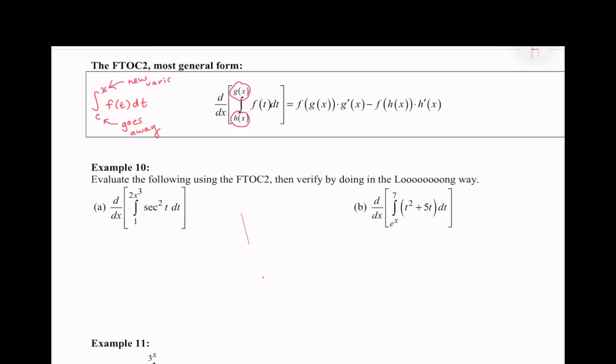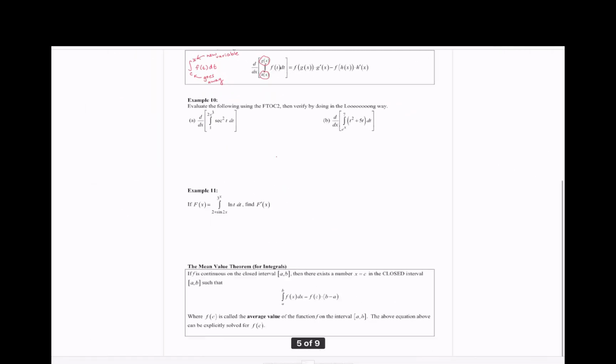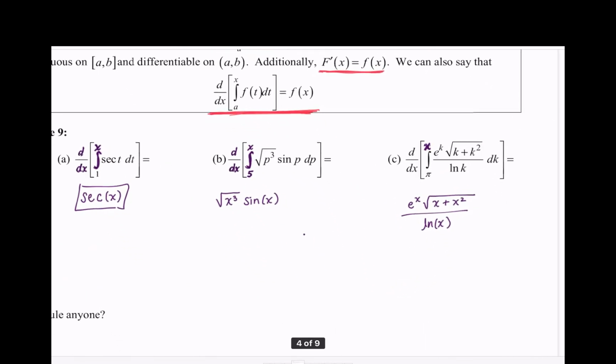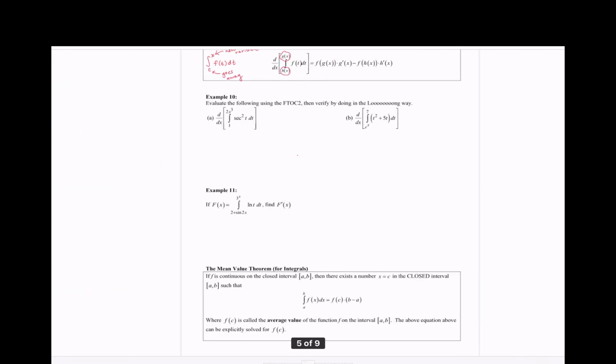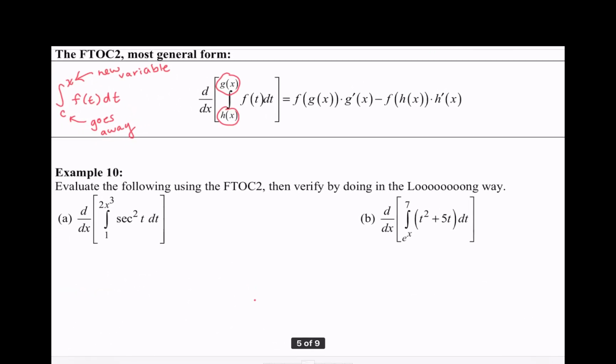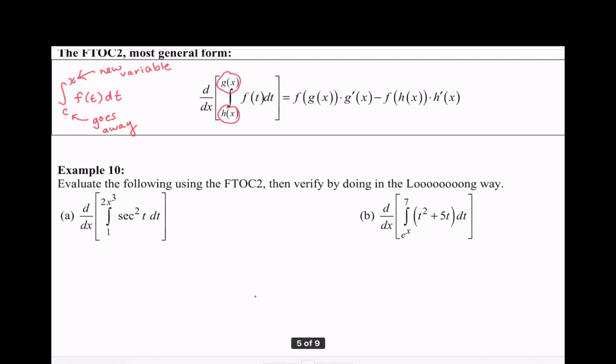So that is what it looked like in all the other problems that we did. So going back to the previous page, we always had just a constant to x, and so x became the new variable. The problems that we're going to look at here might have a different function, a more complicated function, as the upper and lower bound.